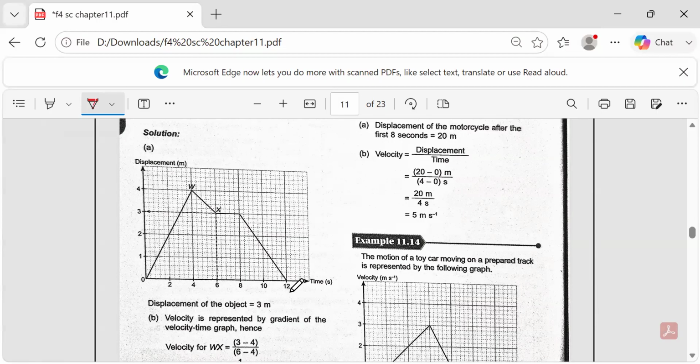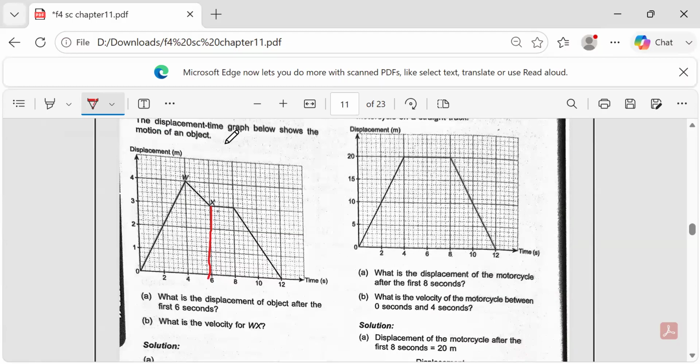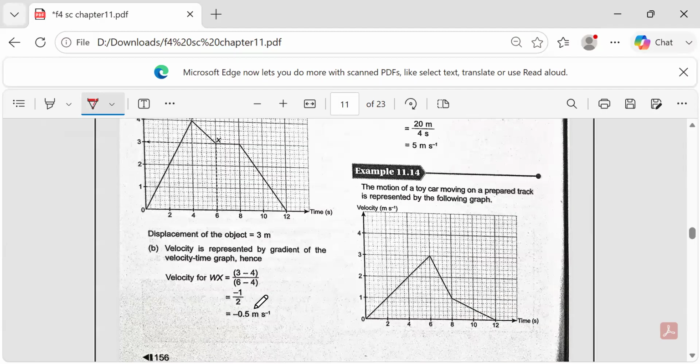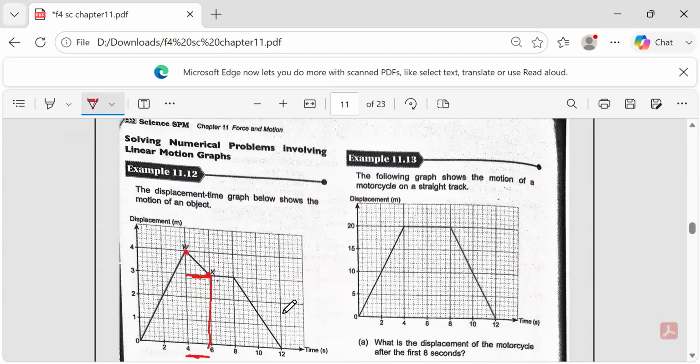So, 3 only lah. Displacement is how far it is from its original position. Okay. And then what is the velocity? The velocity is Wx. 它从这里到这里只是 1 meter 罢了，它用2个 second 时间，看到吗？So 1 meter over 2 seconds. Okay, so it's 0.5. But because it's going down, it's negative 0.5. Can you understand? Okay.